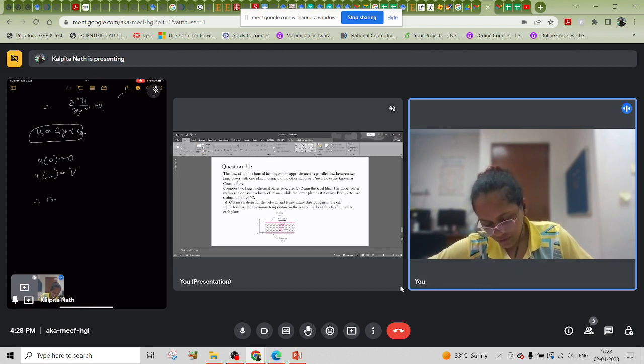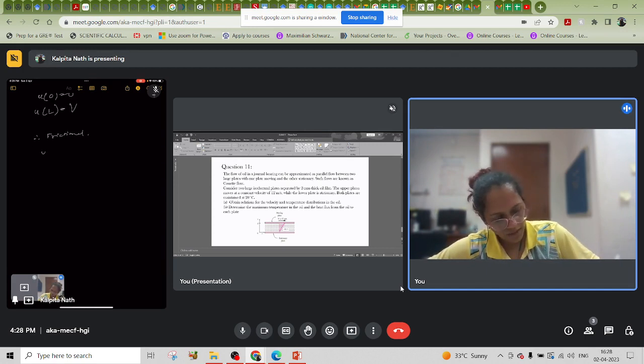The plates are isothermal and there is no change in the flow direction, and thus the temperature depends on y only. Also, u is a function of y only, and v is equal to 0.